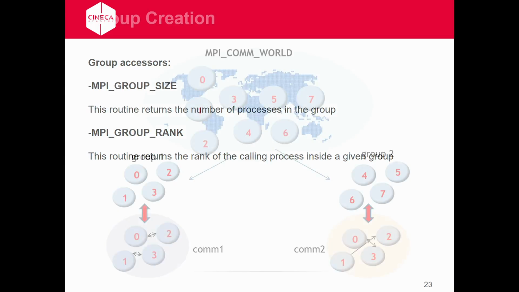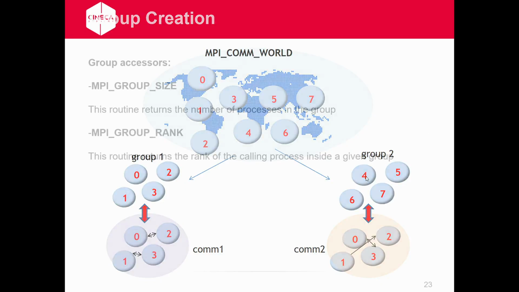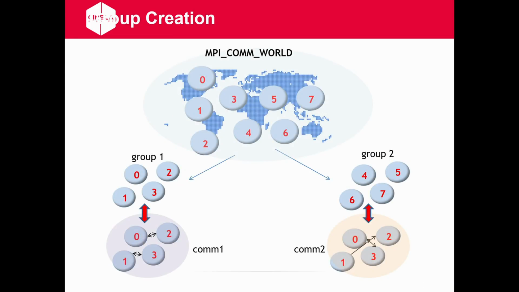For example, if we apply MPI_Group_size to group 1, we obtain 4, and the same for group 2. If we apply MPI_Group_rank to group 1, we obtain, depending on the process, 0, 1, 2, or 3, and for group 2, we obtain 4, 5, 6, and 7.